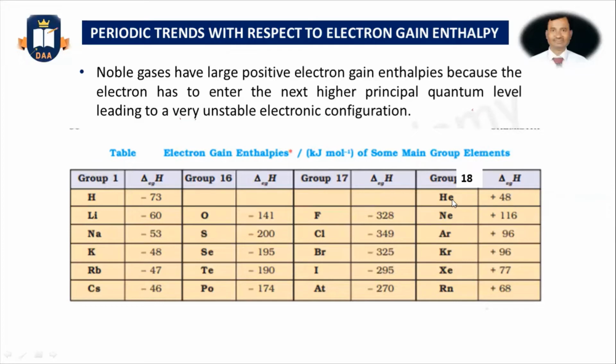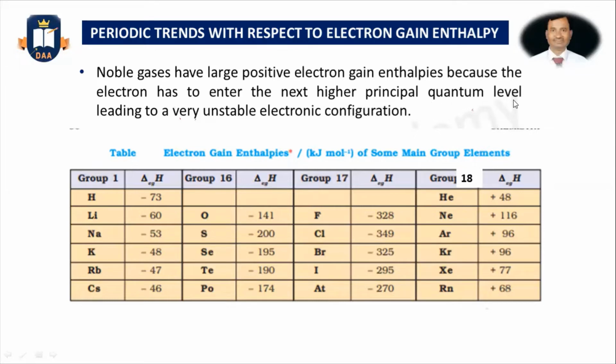Helium, what is its stable structure? The electron configuration is 1s2. So further, if you want to add one electron, then it will be 1s2, 2s1. 2s1 means the principal quantum number is 2. That means if you want to add an electron to helium, that electron will go to the next higher principal quantum level.